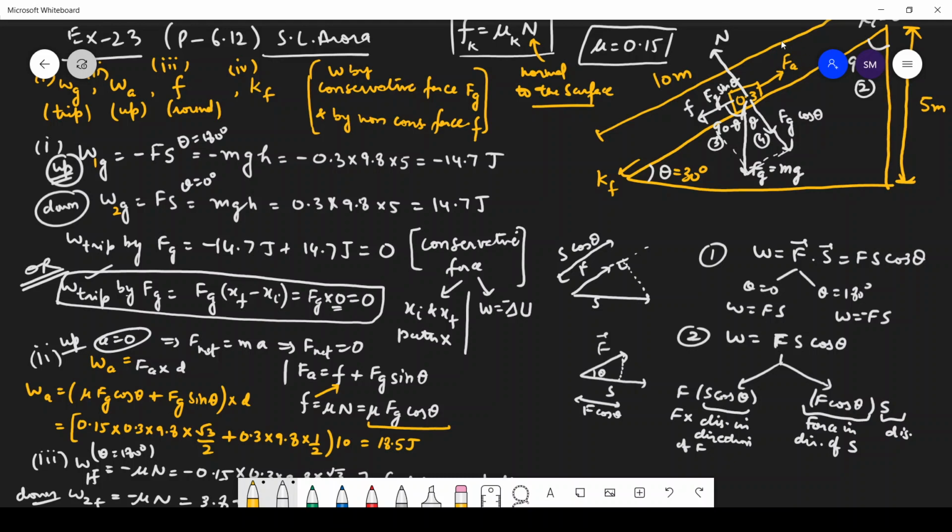So Fa is equal to friction force plus Fg sine theta. So that's the way you have calculated the applied force. So you have put that value for Fa. So this friction force is equal to nu Fg cos theta, plus Fg sine theta, into displacement.